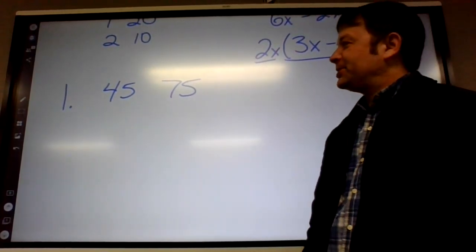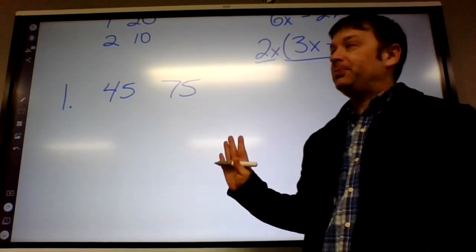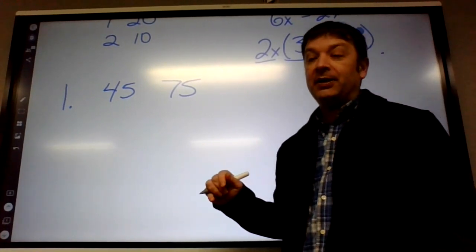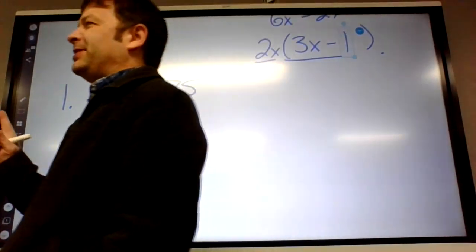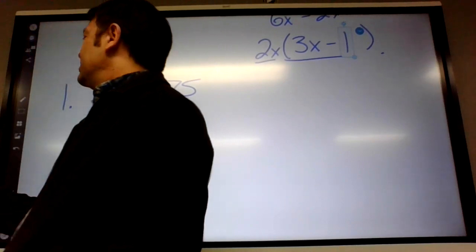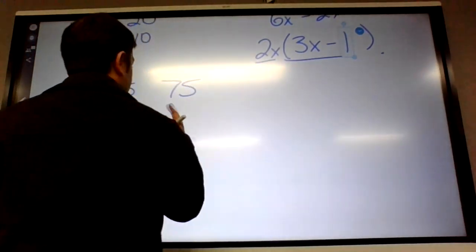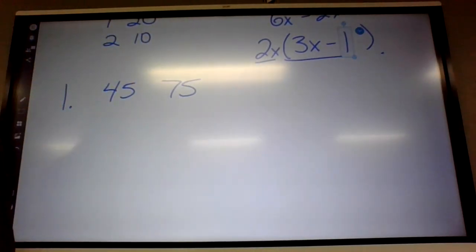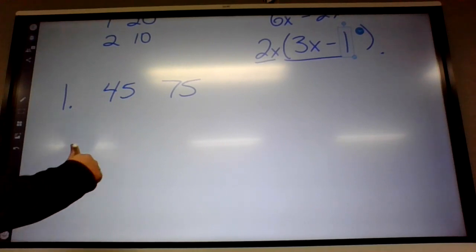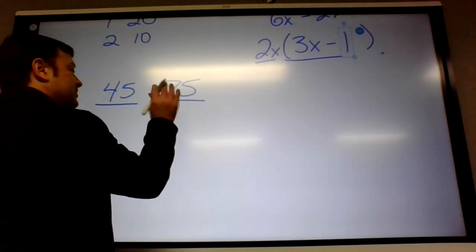Okay, number one, we're just starting with plain numbers, plain factoring. We're supposed to find the greatest common factor. So what's the biggest thing that can go into both of these? There is kind of a trick, but I don't think we're going to learn it because it's a lot of extra work.